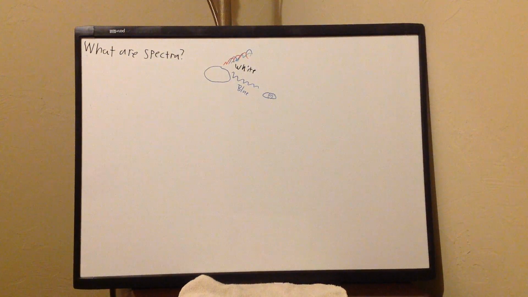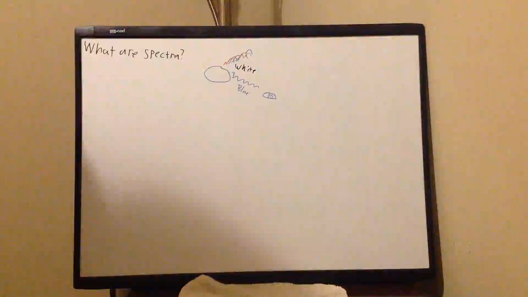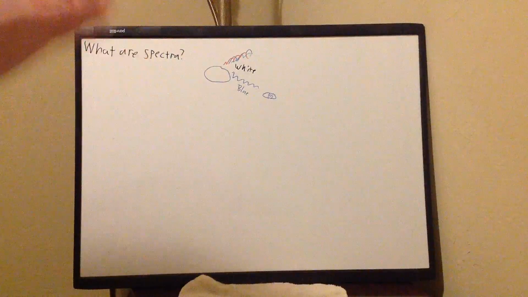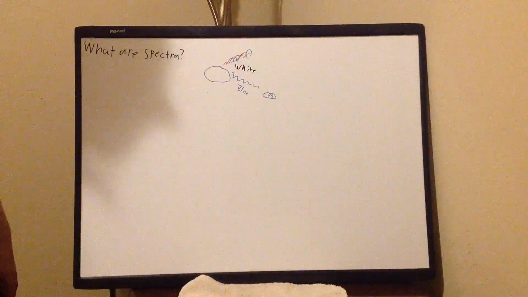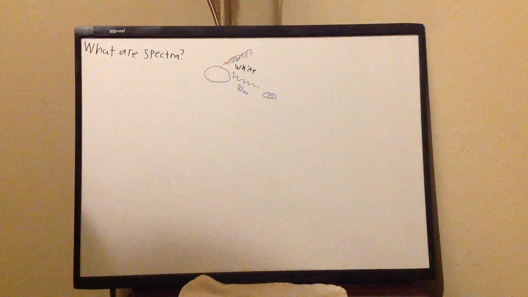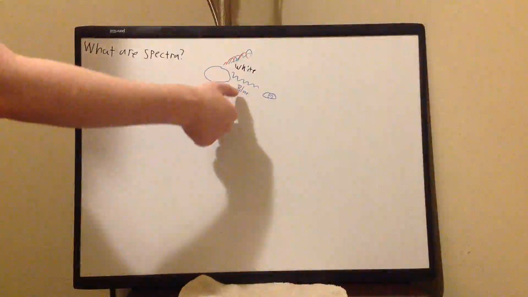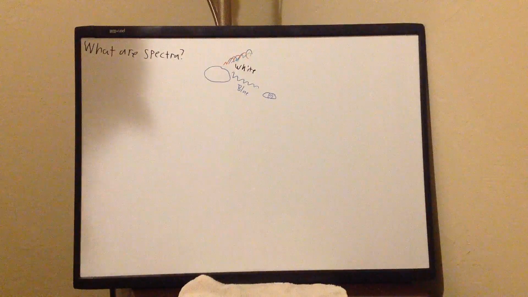But that's not quite accurate, because you've got to think, if I were to bring this blue ball up to the fire and look at it in the fire's light, I would still be able to tell that it's blue, even though the fire's red. So that means that the fire must be giving off some blue light.